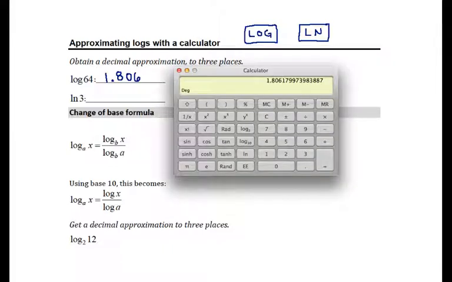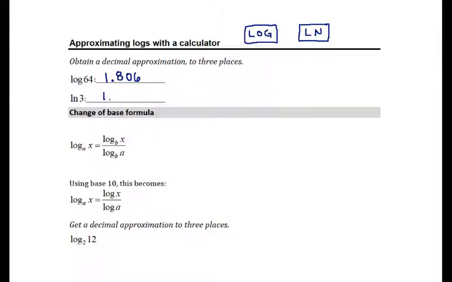And for the natural log of 3, I would enter the 3 first and then hit my natural log button to get 1.099 if I round that off. Some calculators might have you enter the log first and then the number, but we've already probably done a little bit of that at this stage. So just knowing how to take basic logs on your calculator is certainly necessary.